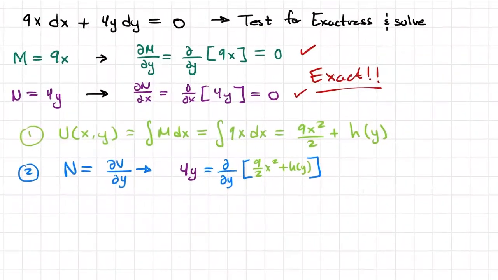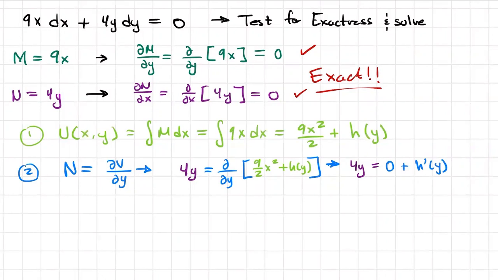So once again, we have 4y, and that's equal to the partial derivative of 9 over 2 x squared with respect to y. Well, that is 0. And then we have the partial derivative of h of y, a function of y, with respect to y, which is just h prime.